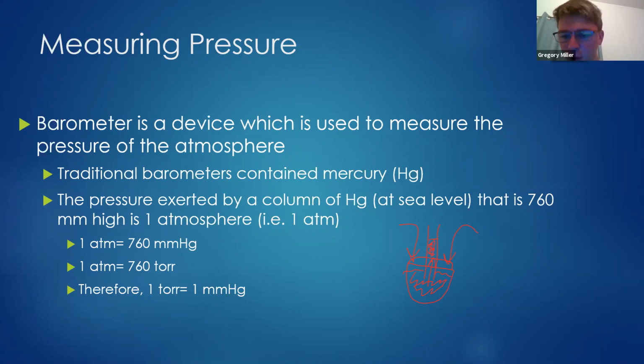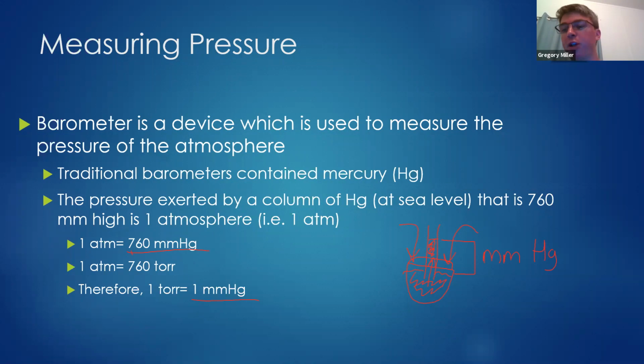And so what they would do is they would measure from the height of the mercury to the height of the mercury in the bowl. And that distance, they would measure in millimeters. So it was called millimeters of mercury, or that height of mercury, and they related that to pressure. So that's why you see these millimeters of mercury numbers referenced here.